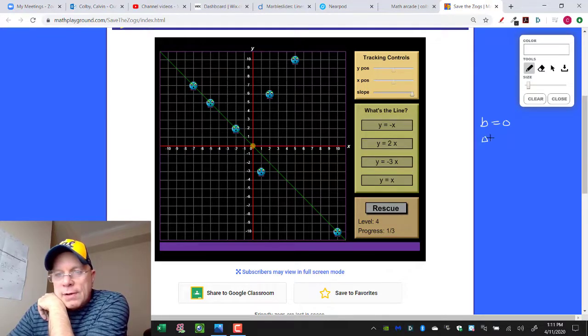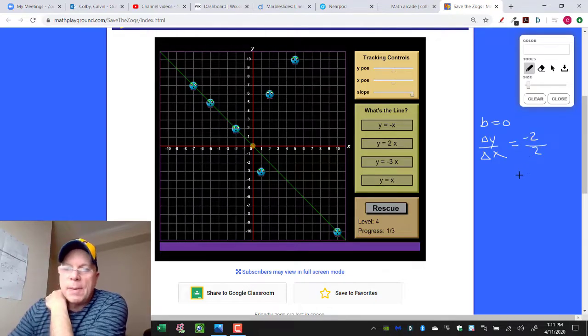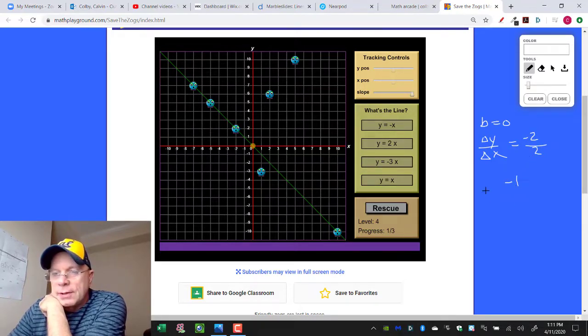My delta y over delta x. If I go from this Zog to this Zog, my delta y is, I'm going down 2, so negative 2. My delta x is right 2, so positive 2. 2 divided by 2 is 1, and a negative divided by positive is negative, so negative 1. So the slope m is negative 1.